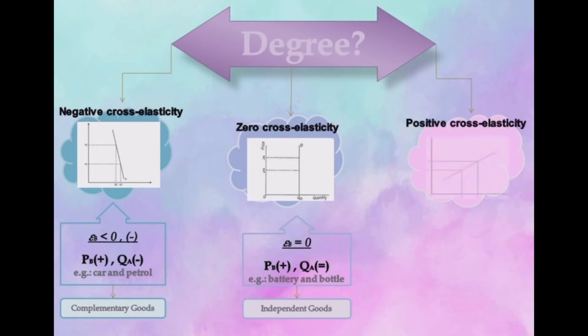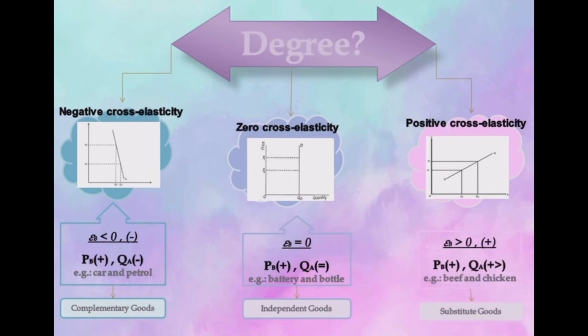The last one, positive cross elasticity. The cross elasticity must be more than 0. It means a positive answer, and the relationship between product A and product B for positive cross elasticity is substitute goods.